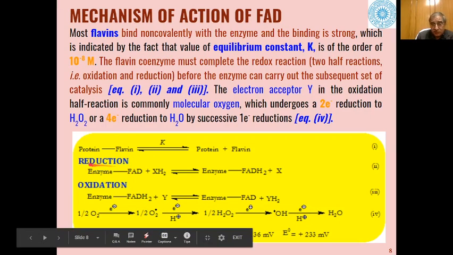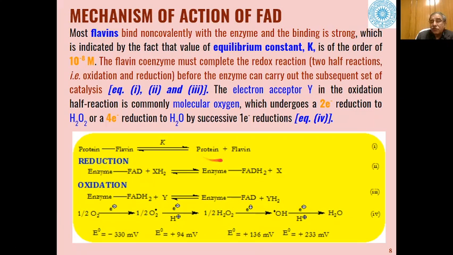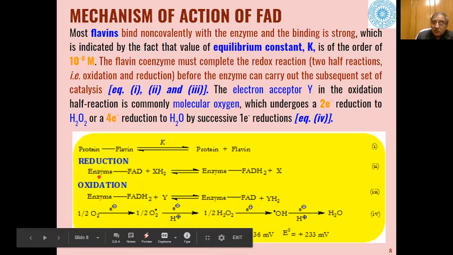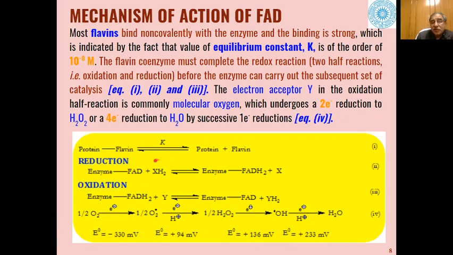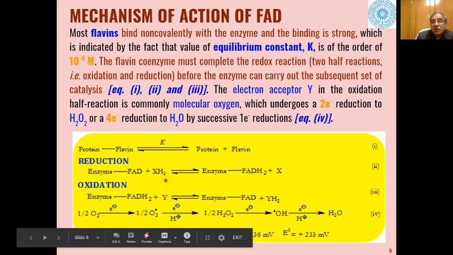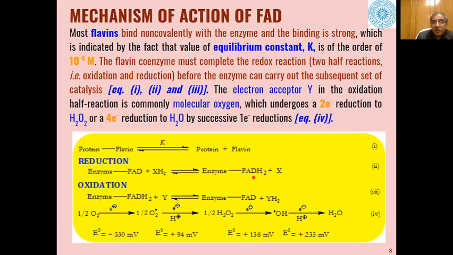And various types of reduction and oxidation reactions take place like this: the enzyme flavin is converted into protein and flavin, and this enzyme FAD reacts with the substrate, and the substrate is oxidized to X, and these two hydrogens are transferred to the FAD, and this is how reduction of FAD will take place to give us FADH2.